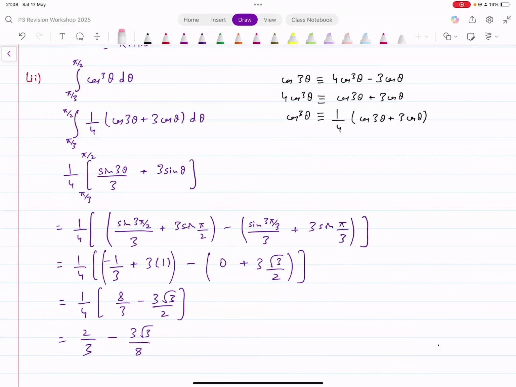And if you're getting something in terms of logs, then you have to write your final answer as a single log term. If you have multiple log terms in the final answer, it's necessary to write them as a single log term at the end. Okay.